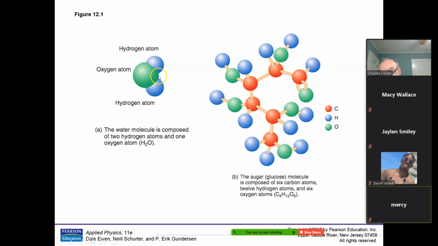Oxygen tends to be negative, hydrogens tend to be positive. Why? Because they're sharing the one hydrogen electron with the oxygen, so a lot of times this hydrogen is a bare proton. Same thing with this one, so that's a positive charge. This has 2 pairs of electrons out here that tend to be negatively charged, okay? So that makes water a polar molecule, making it an excellent solvent.